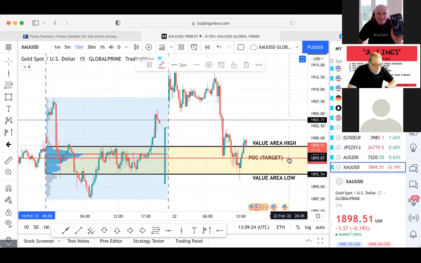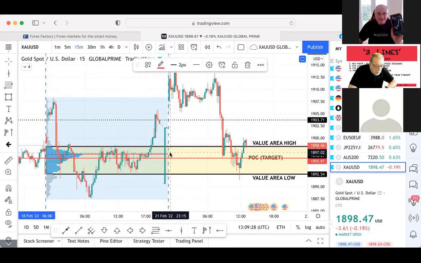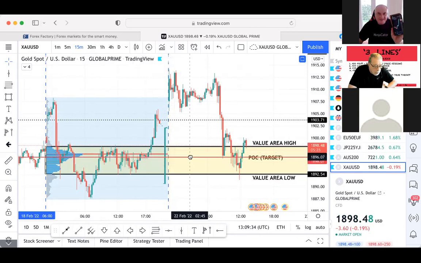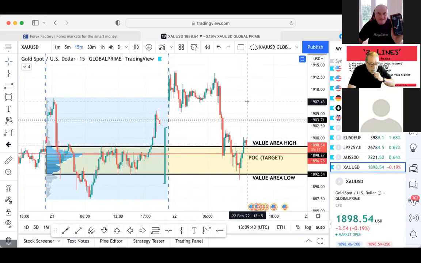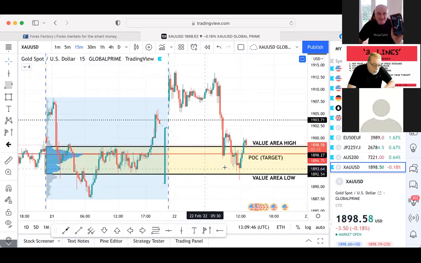You see this red line here is the point of control for yesterday, and that's what we use for today's target. So what I've done is I've superimposed a horizontal ray over that, and that gives me what we call the field of play, this yellow shaded area here.